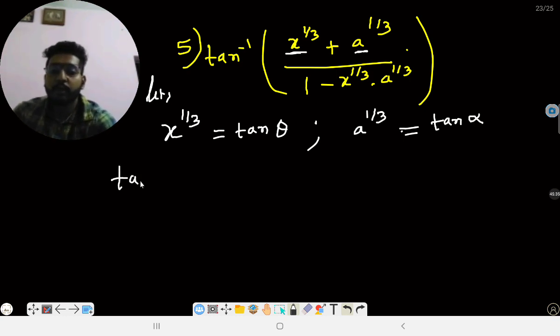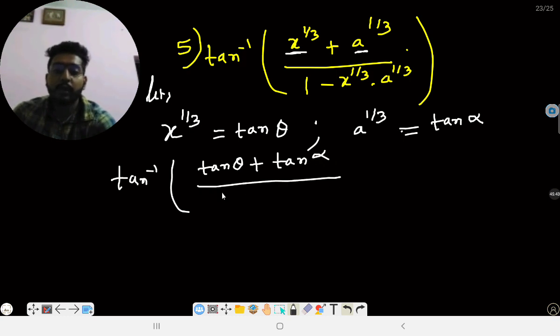That will become tan inverse of (tan theta plus tan alpha) divided by (1 minus tan theta into tan alpha), since x to the power 1/3 is tan theta and a to the power 1/3 is tan alpha.